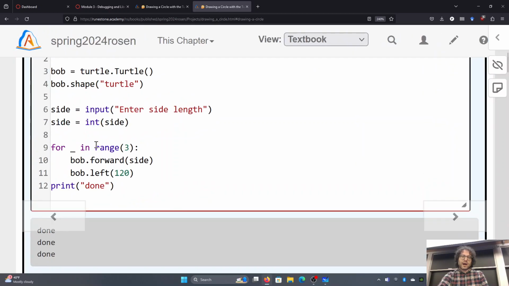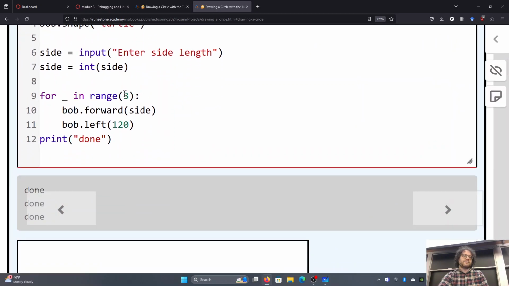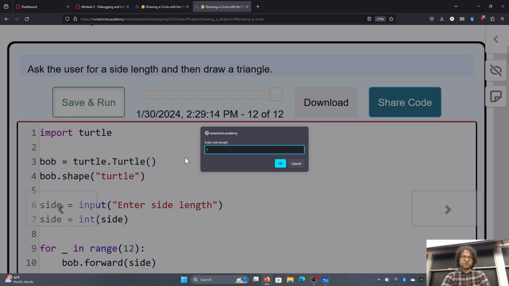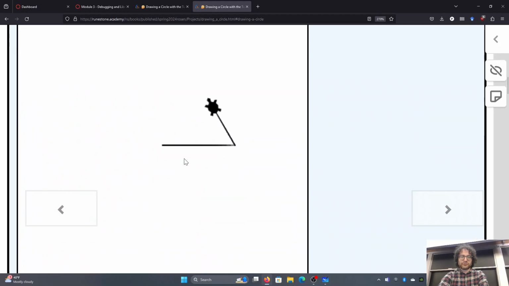Now, you've probably figured out that the 3 means this repeats 3 times. So if I put in 12, it's going to repeat 12 times. Let's go ahead and quickly scroll down. 1, 2, 3, 4, 5, 6, 7, 8, 9, 10, 11, 12, right?